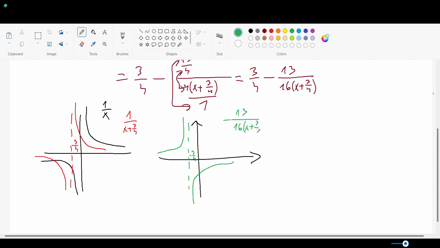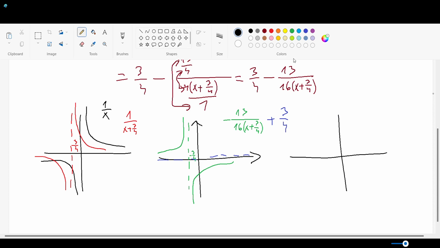And our last transformation is the addition of 3/4, so we shift the whole graph up, or each point up, but the main thing we do is that we shift the asymptote of the graph.